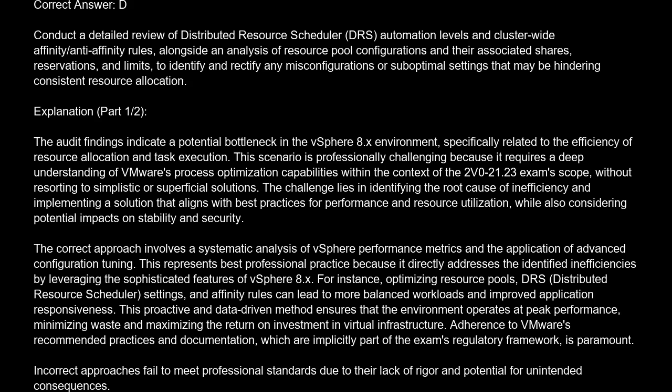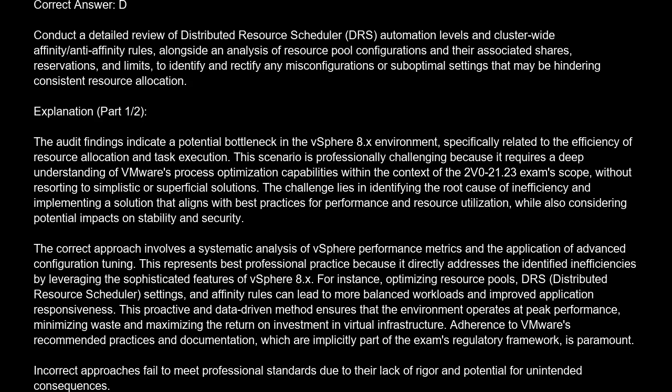The correct approach involves a systematic analysis of vSphere performance metrics and the application of advanced configuration tuning. This represents best professional practice because it directly addresses the identified inefficiencies by leveraging the sophisticated features of vSphere 8X. For instance, optimizing resource pools, DRS (Distributed Resource Scheduler) settings and affinity rules can lead to more balanced workloads and improved application responsiveness.